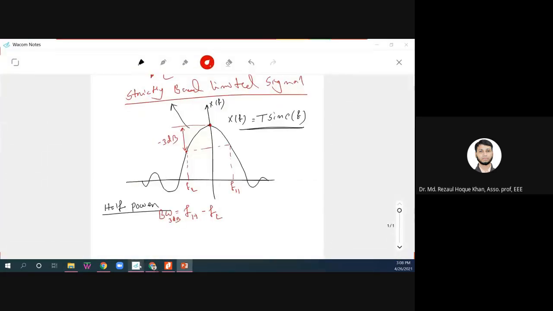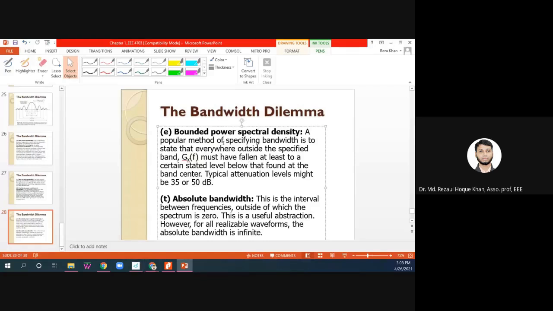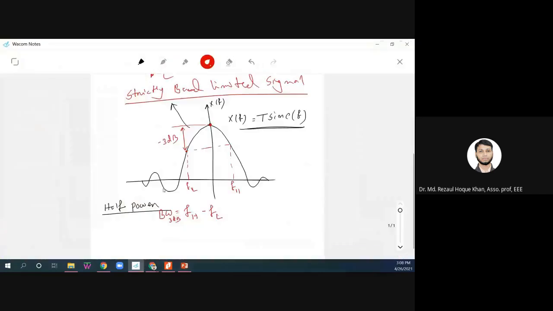What is bounded power spectral density? A popular method for specifying bandwidth is to bound, where a fixed value will be taken. What does it mean actually? For example, here is a maximum value. Now you will define, okay, what is the minus 50? If you go minus 50 dB, what is the bandwidth? So probably minus 50 will be here.